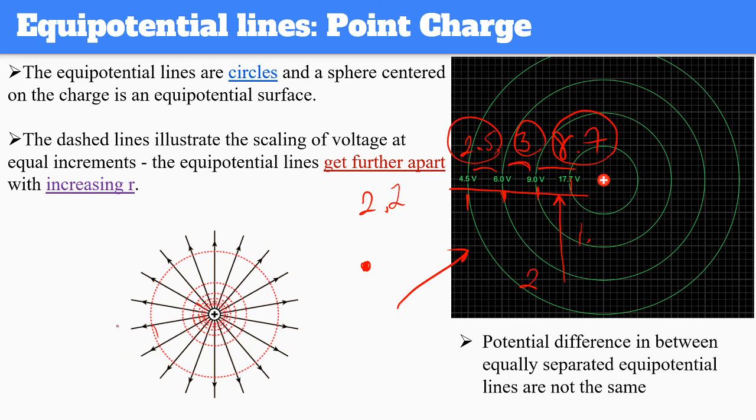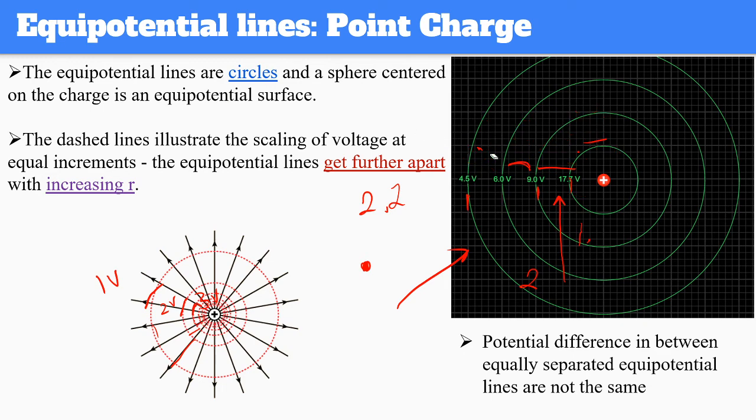So each potential line is going to have the same difference between them. If this is 1 volt, then this is 2 volts, and this is 3 volts. But since they are not changing linearly, there is going to be a decreasing amount of change between the lines.